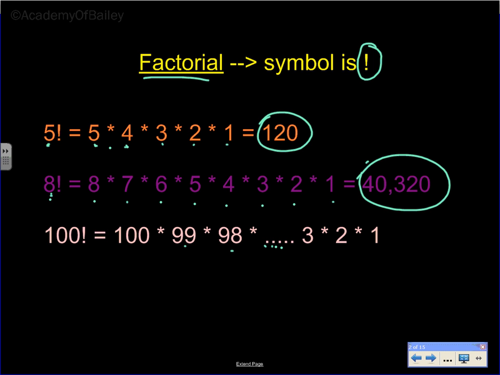You follow the pattern of going down one number until you get to 3 times 2 times 1. You can try multiplying that out on your calculator. Some calculators may say it's too large a number, and others may give you a number in scientific notation. But I'm just going to leave that one there for you.